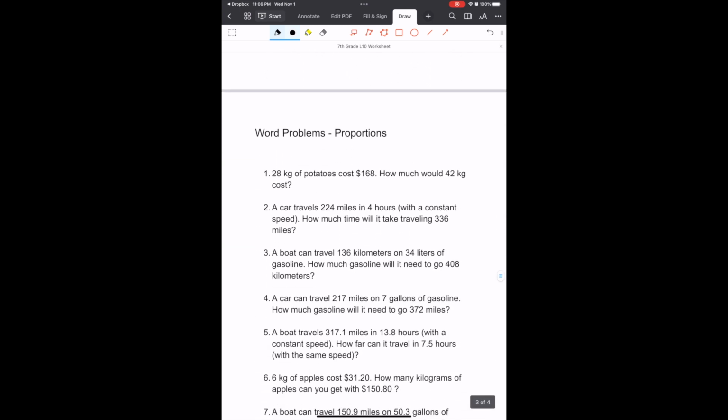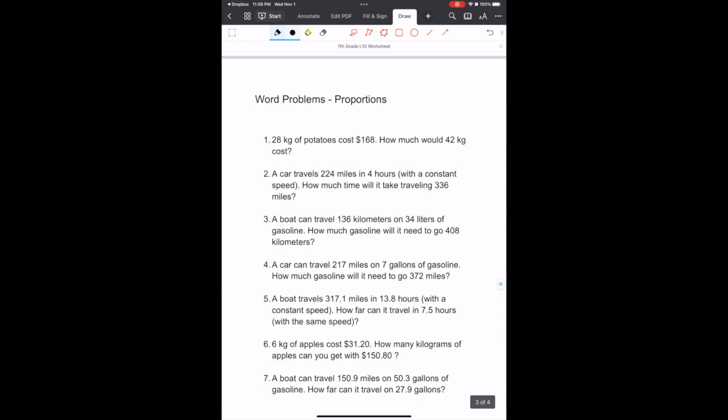Let's just go on to the word problems. Oh well, there's a lot of them. Let's start with number 1. 28 kilograms of potatoes cost $168. How much would 42 kilograms cost?